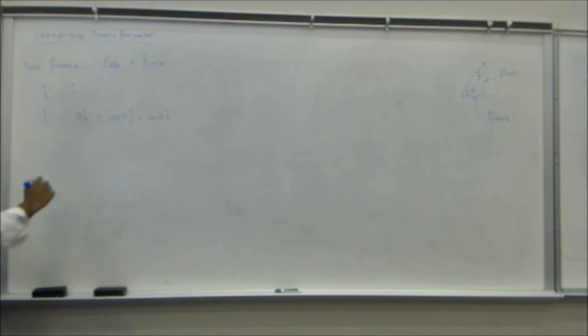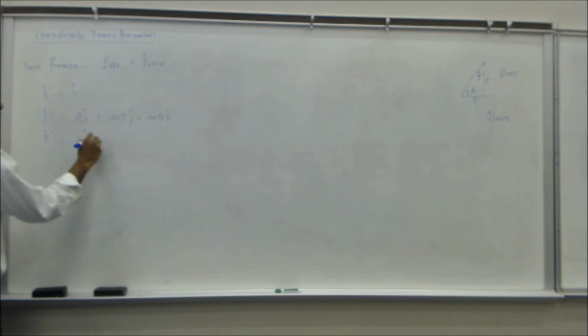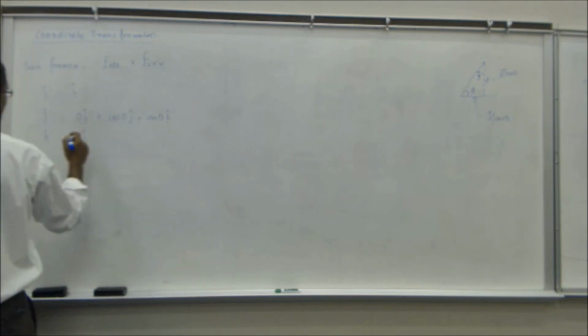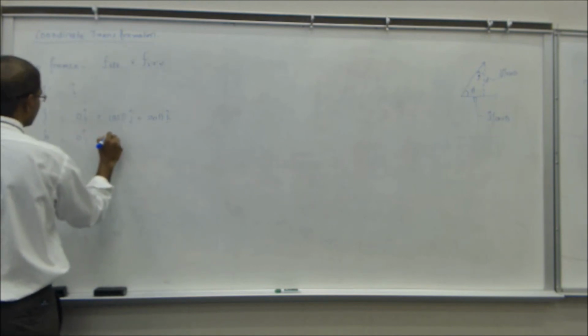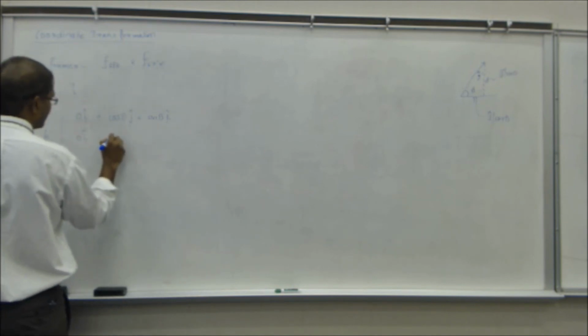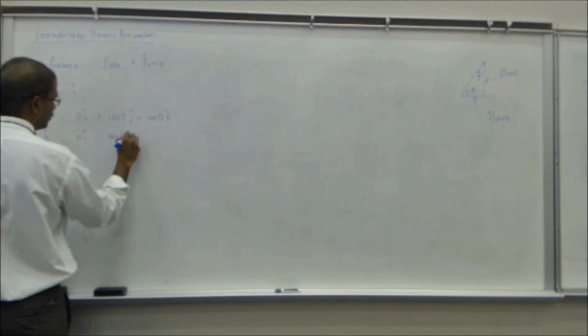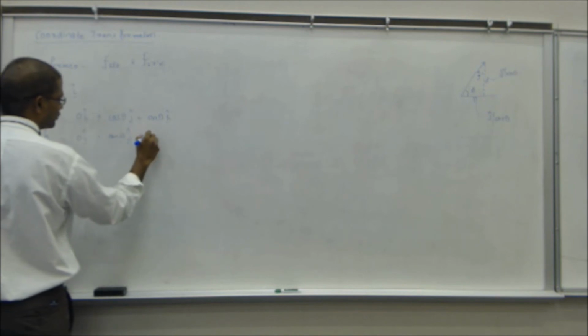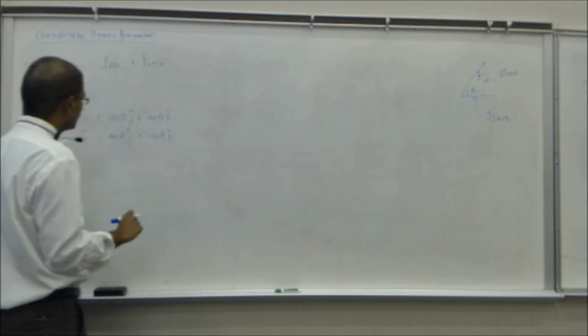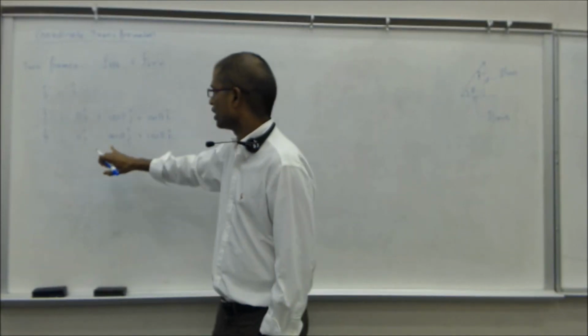Got it? So similarly, you have k prime equal to 0 i minus sine theta j plus cosine theta k. Now tell me why this is minus.